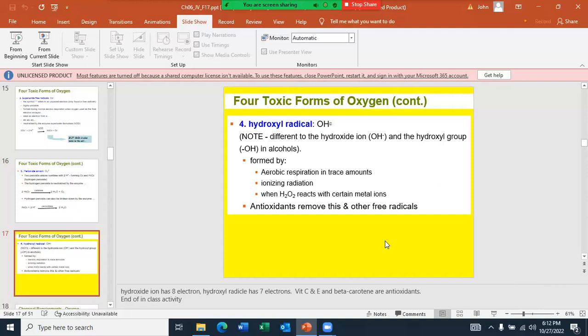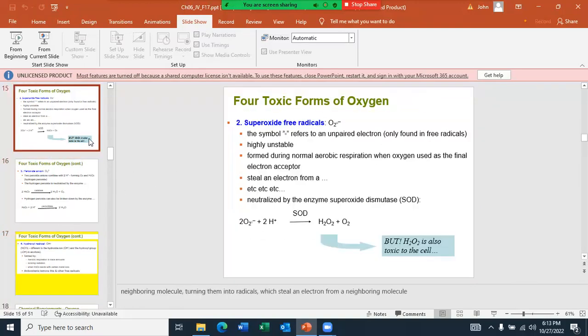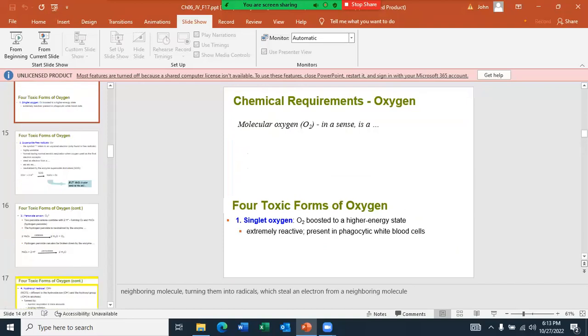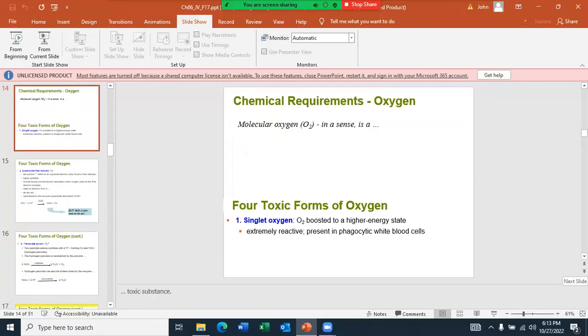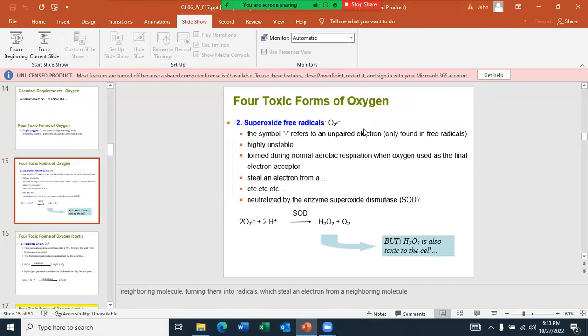There is a fourth toxic form of oxygen. The fourth and the last is a hydroxyl radical. Note that this is a different molecule than the hydroxide ion, which has 2 electrons, so it's not a free radical. I guess it's this one.